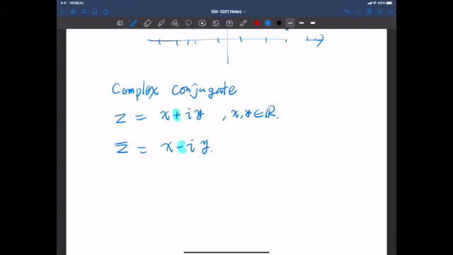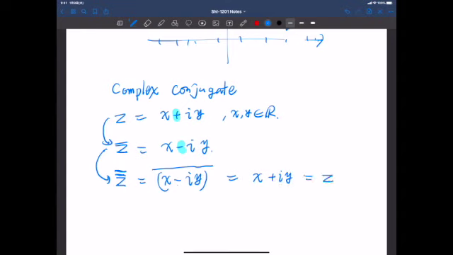And obviously, if we take the conjugate again, from z we get the conjugate z bar, and from z bar we get its conjugate, z double bar. That is, again we swap the sign here, so the negative sign becomes positive, which is the same as the original complex number. So the conjugate of a conjugate is the original complex number.